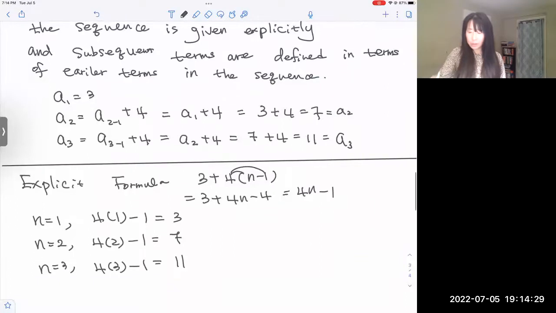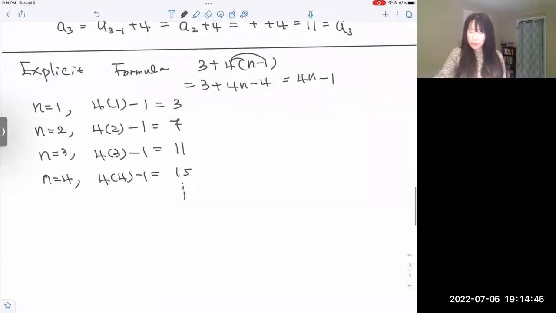It's 11, right? So n equals 4, 15. We can go further, right? And now we can create the formula by using the sequence, all right?